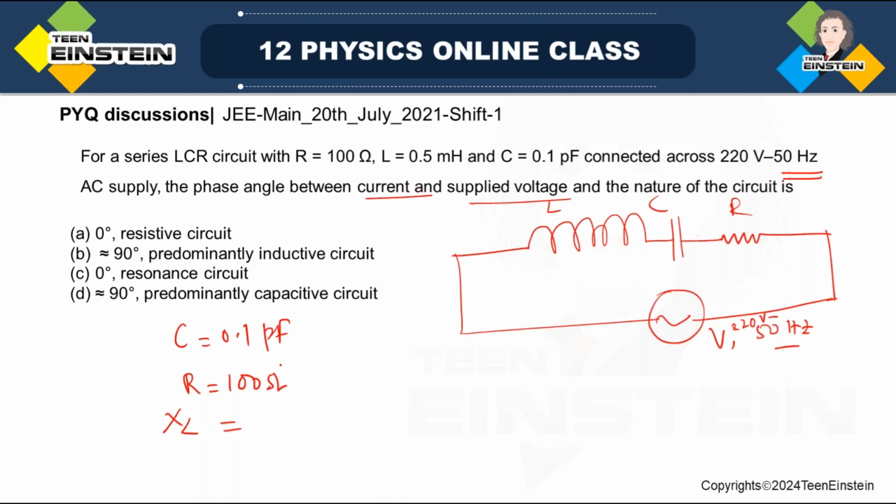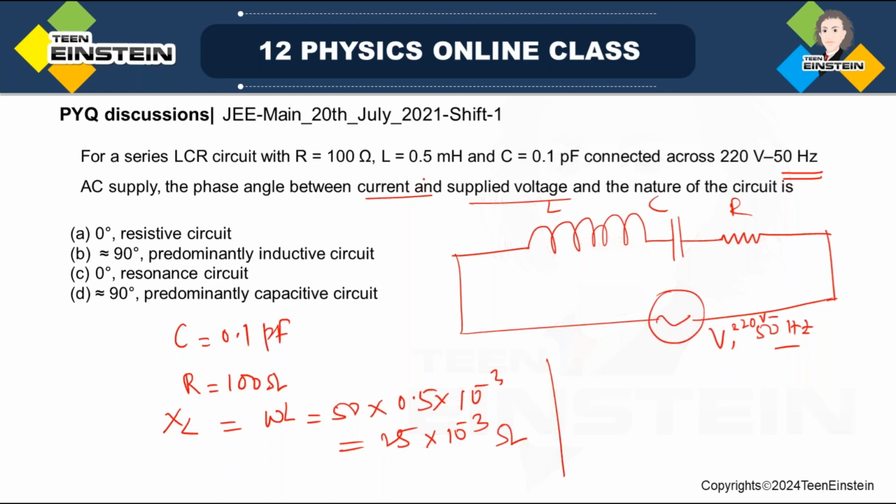XL is omega into L, which is 50 into L, given as 0.5 milli Henry. So 25 milli ohm actually.